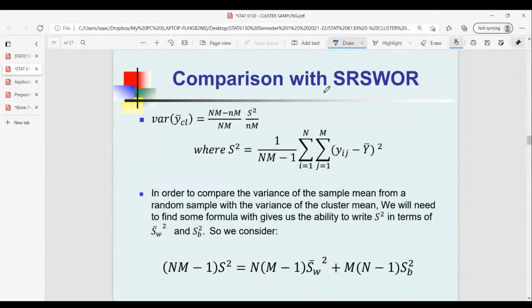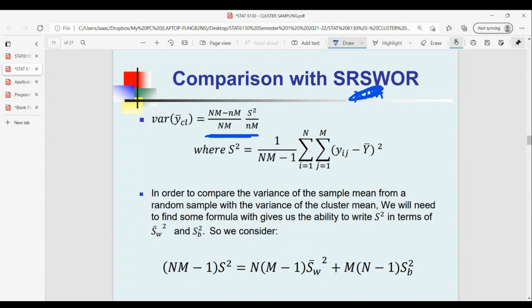So how do we compare it with the simple random sample without replacement? The first thing is this: for the simple random sample without replacement, the variance is given by this, right? Remember that the total is equal to NM.